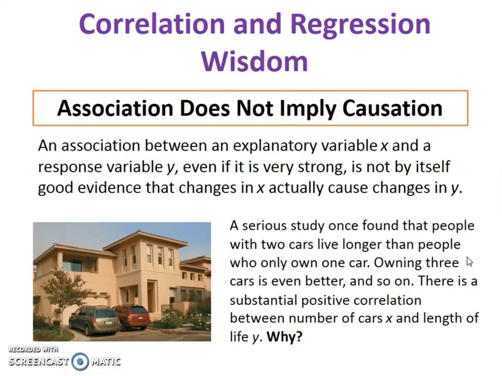You can say there's a relationship, but you can't say that one caused the other. You have to be so careful. Even if it's a super strong correlation, right? Even if your R value is 0.99, I can't say for sure that one caused the other.